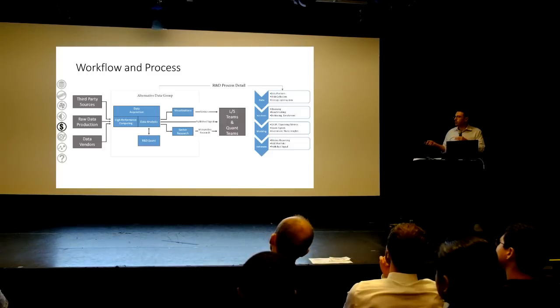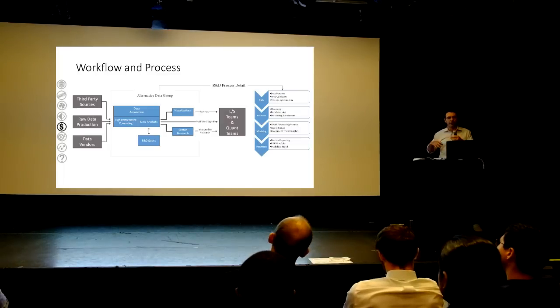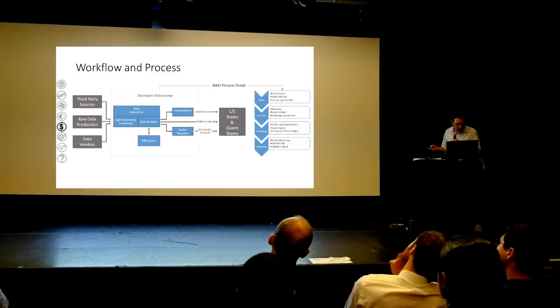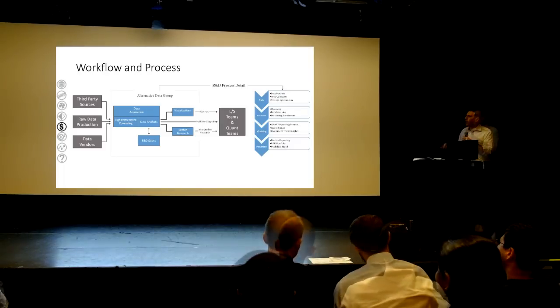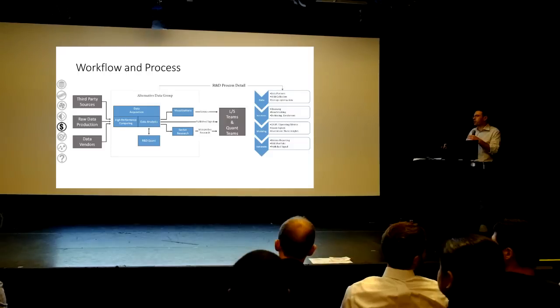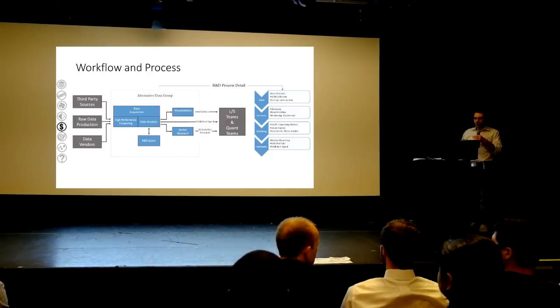So the data comes in, you've got a couple of groups. You've got the data acquisition group, which are the people that are going around to conferences and trying to find data, negotiating deals. We've got the analysts, the people that are running the algorithms on the data. Okay, so this is an interesting part. This guy right here, the R&D quant. This is a role that is a quant.